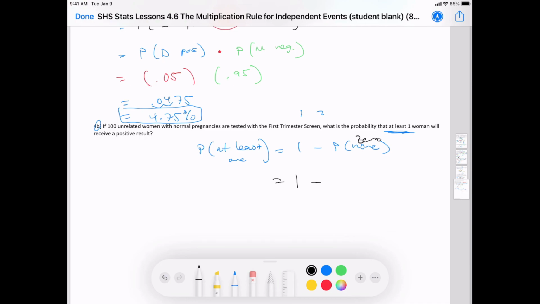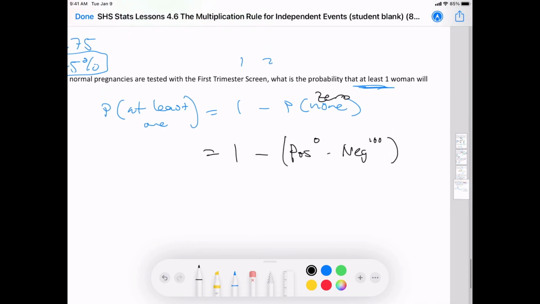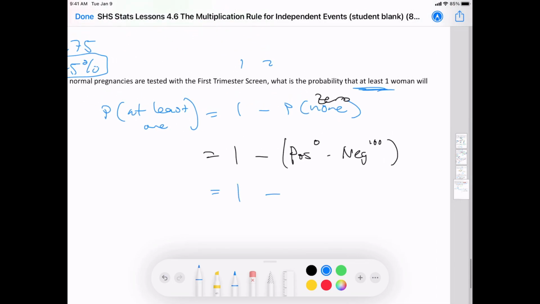So this would be the probability of positive gets 0 times the negatives are the 100 women, right? That's saying none are positive. So this would be 1 minus, positive is 0.05 to the 0 power, times 0.95 to the 100 power.